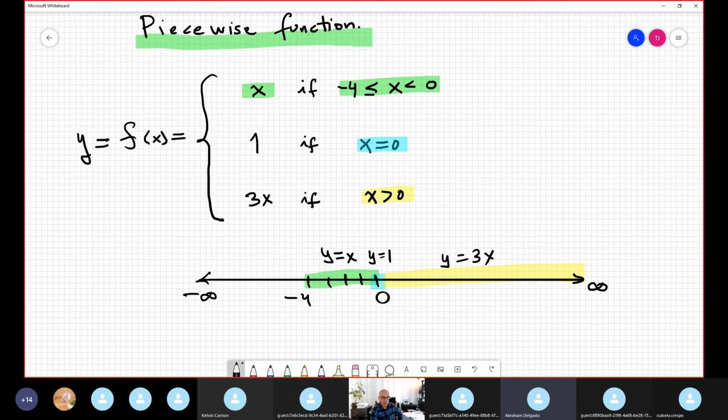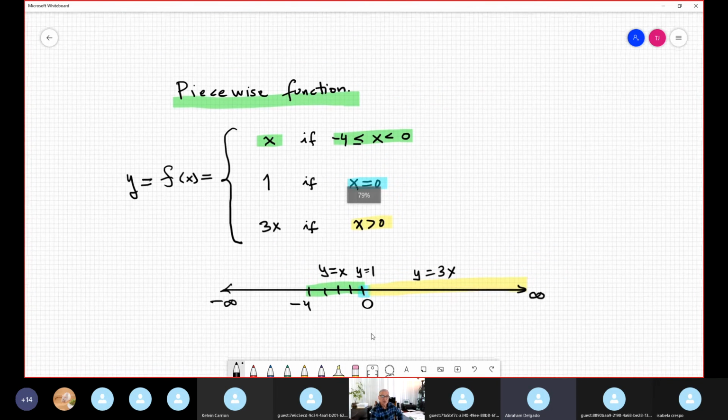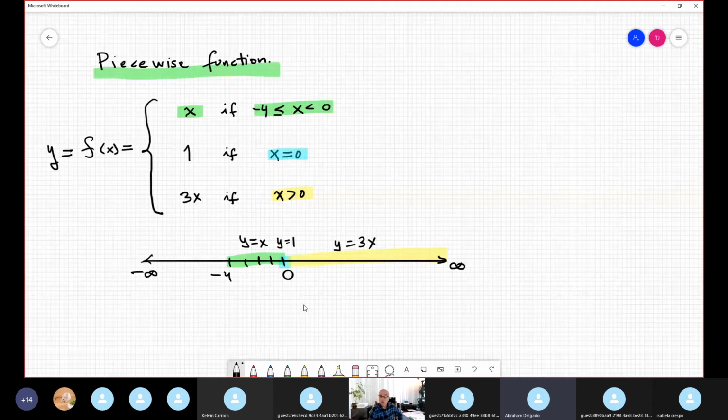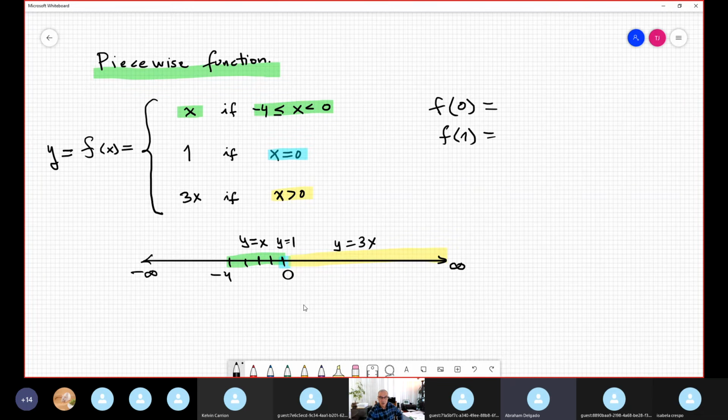Now, what is the typical question on the test? Well, there are two questions. But let me try to cover today only the first question. Suppose que you evaluate at different values. Evaluate at 0, evaluate at 1, evaluate at -1, evaluate at 40, evaluate at -2, enough.